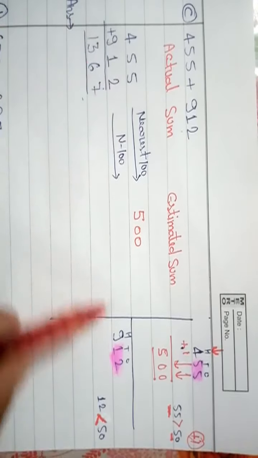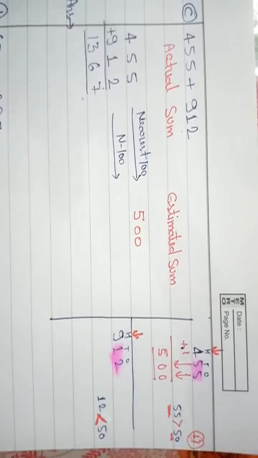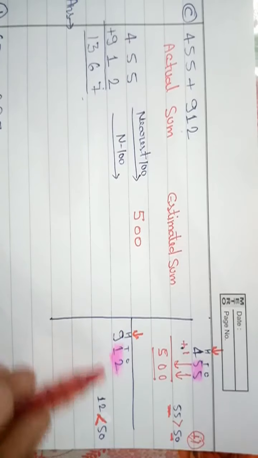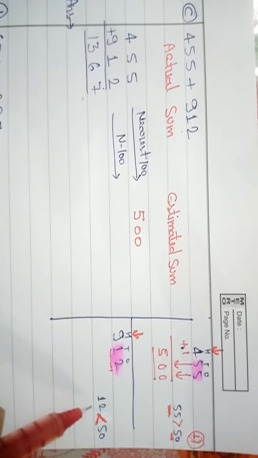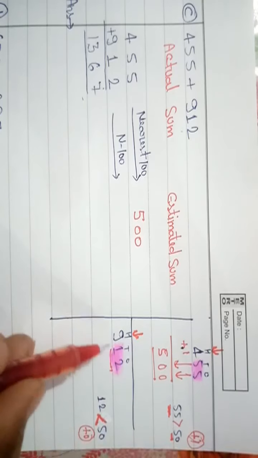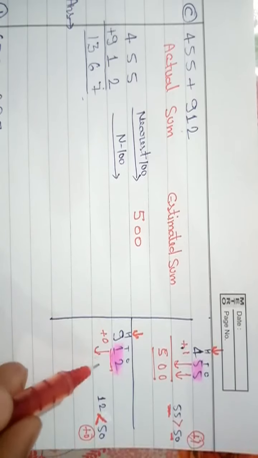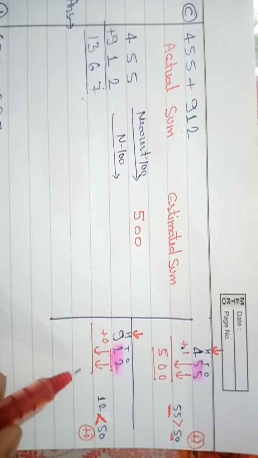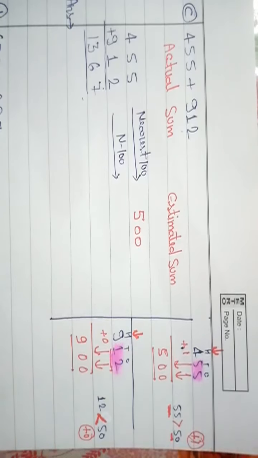Next 912. We target our digit, highlight the rest of the right hand side digits, and compare with 50. So 12 is less than 50. Before it was bigger so we added plus 1, and here it is less, so plus 0 in the target place, and the highlighted place will be 0. 9 and 0, 900.